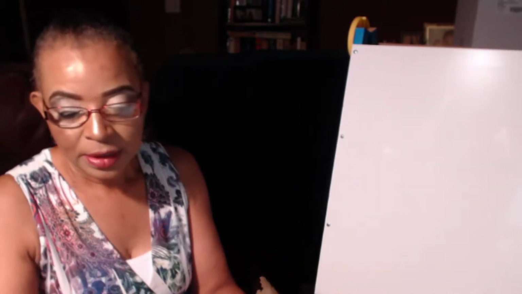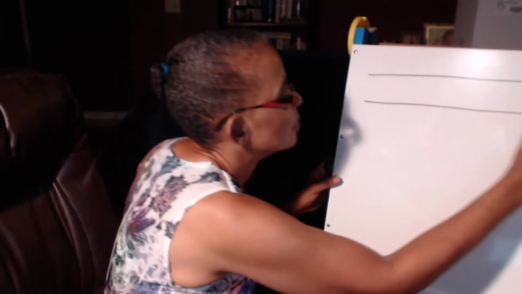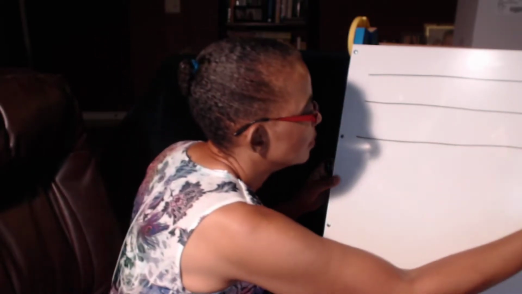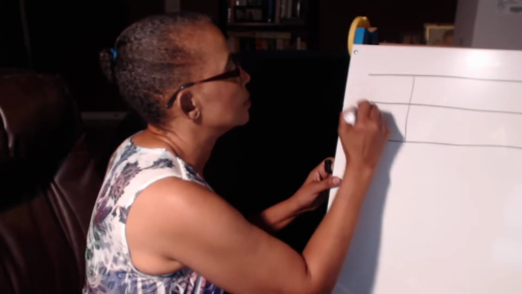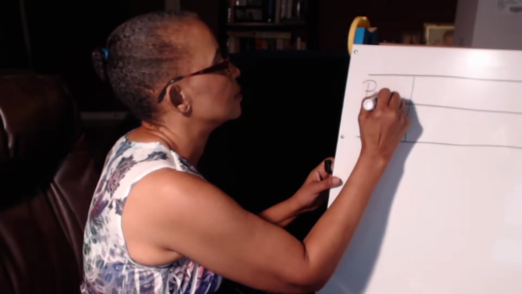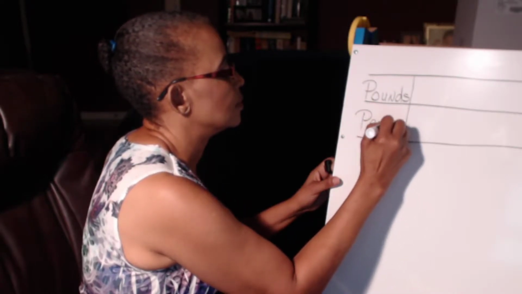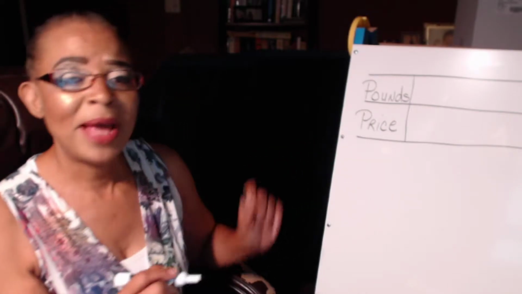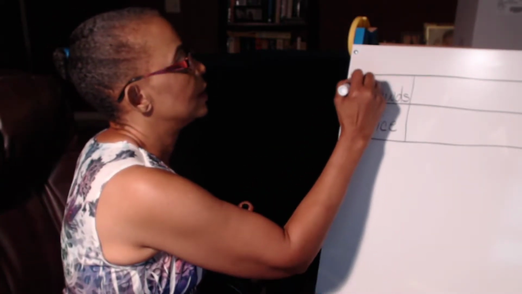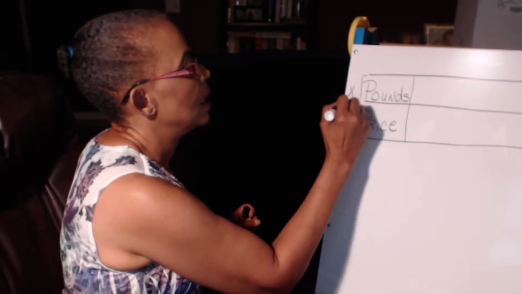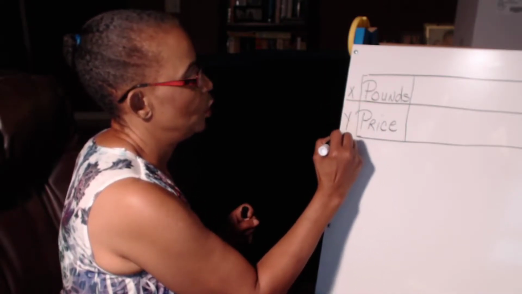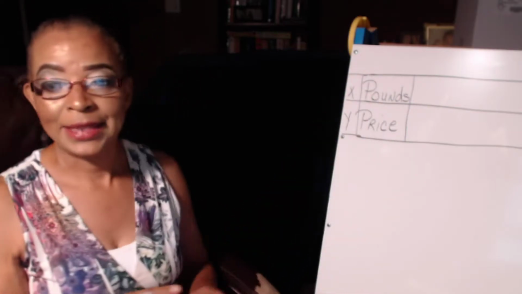Okay? So the table has pounds and price. Let's say the pounds would be your x-axis and the price would be your y-axis.